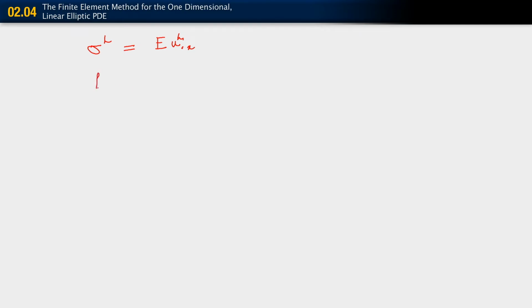However, f, our forcing function f, is given to us as data. So we will use the fact that in our implementation of the finite dimensional weak form, we are not going to attempt to approximate the data.